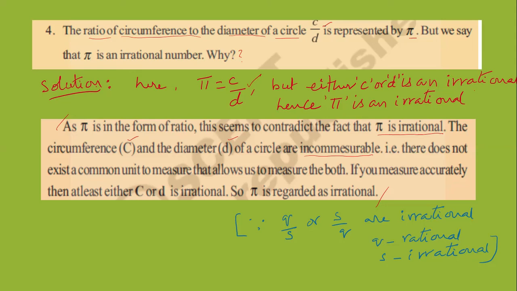If you measure it perfectly, either C or D, any one of these two, is always an irrational. That means a numerator or a denominator is an irrational. Finally, what we get? The ratio is always an irrational number. Hence, pi equal to C by D is an irrational number.